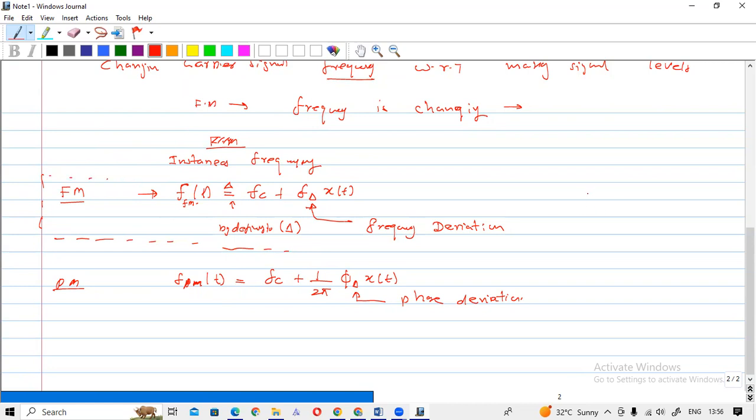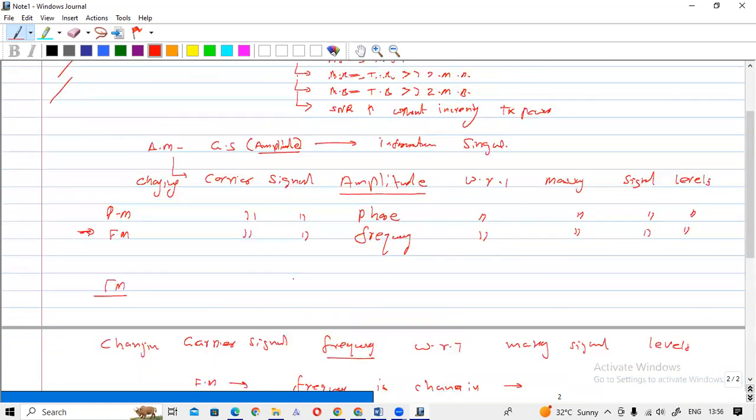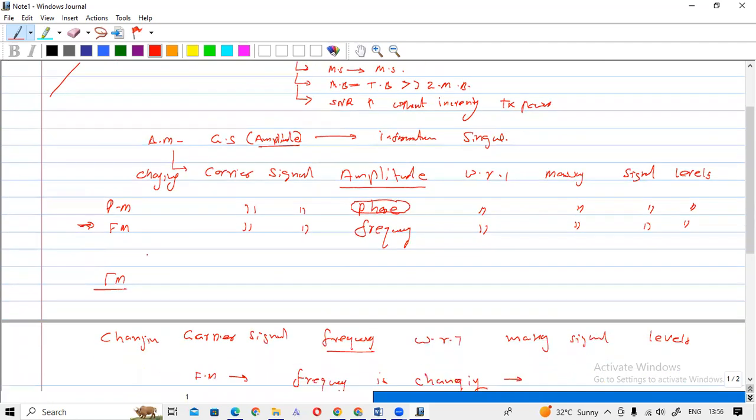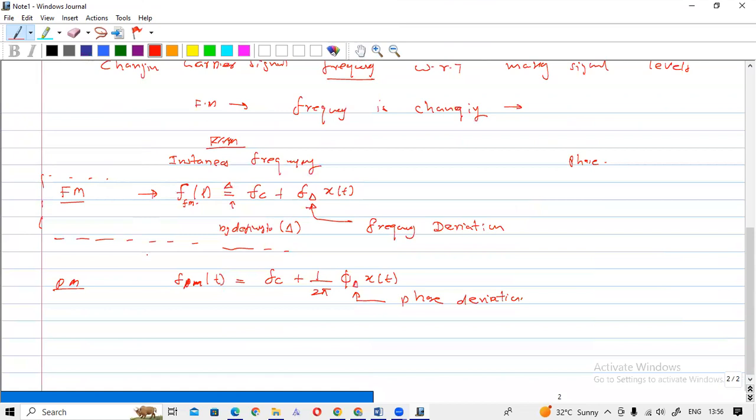Actually, the phase is also changing. In phase modulation, it says that the carrier signal phase is changing according to the message signal amplitude.